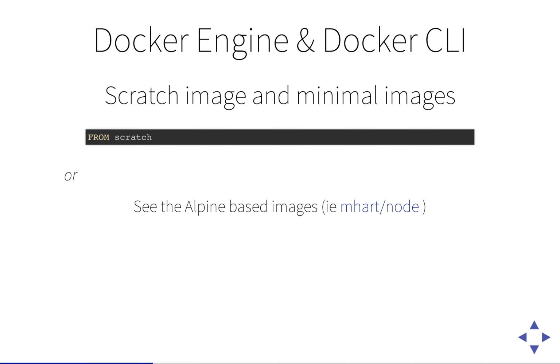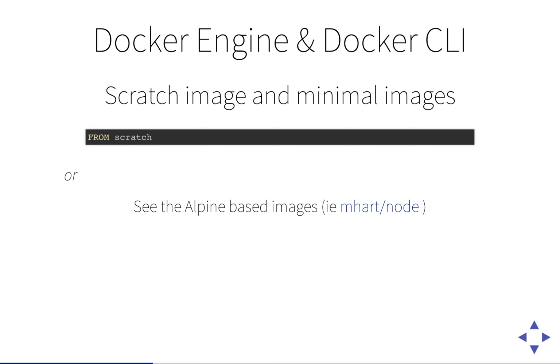Saying FROM scratch just means that you are starting from that blank slate. This is ideal if you want to build your own Linux distribution. You don't need anyone else's files in there. You just need the blank starting point, and then you can add all the files that come along with your distribution.